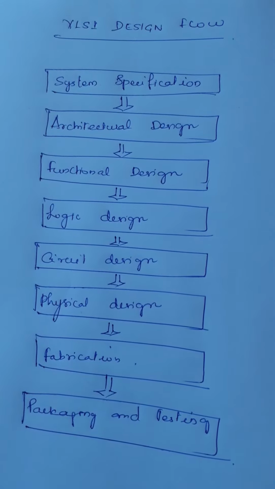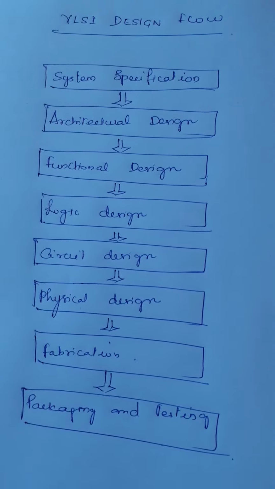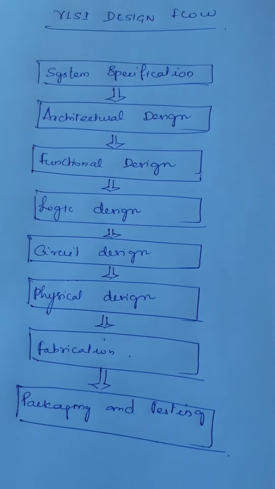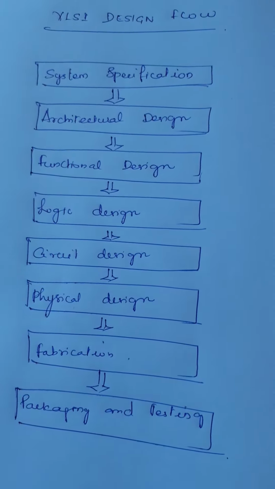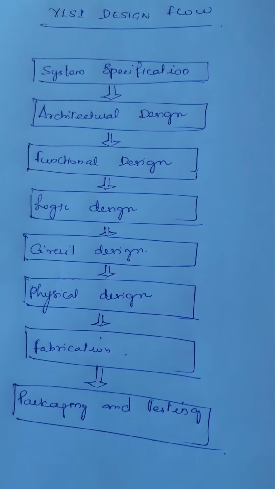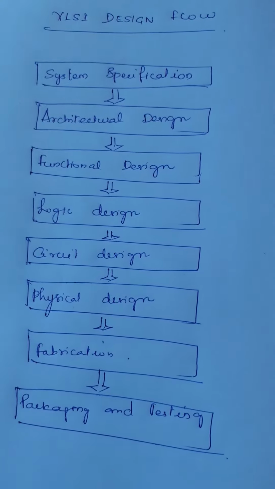So with this we make the architectural design. The outcome of architectural design is a micro architectural specification. Here it predicts the performance, power, and die size of the design based on such a description.